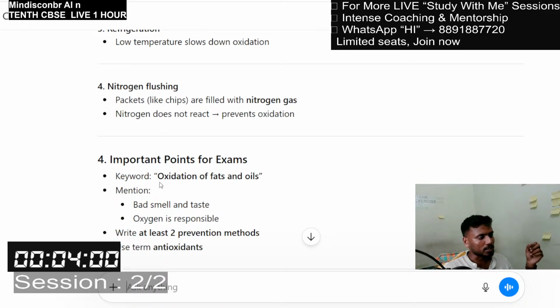Important points for exam. Keyword: oxidation of fats and oils is called rancidity. Mention bad smell and taste. Oxygen is the responsible factor. Write at least two prevention methods. Use the term antioxidants.